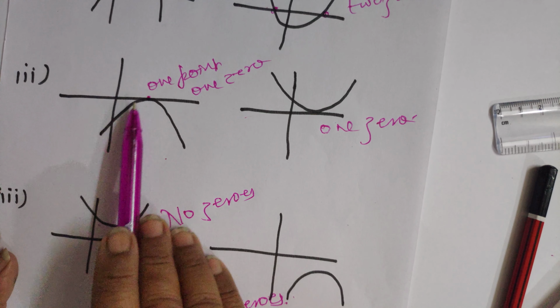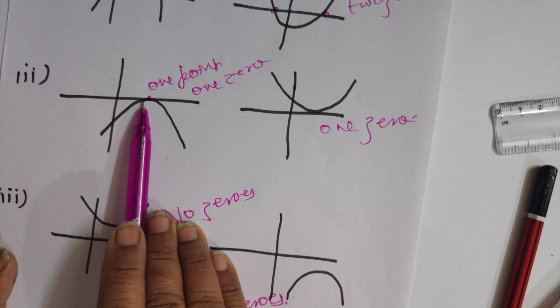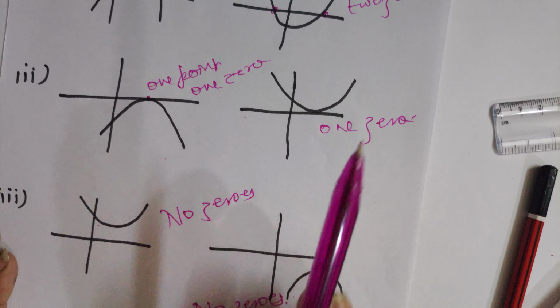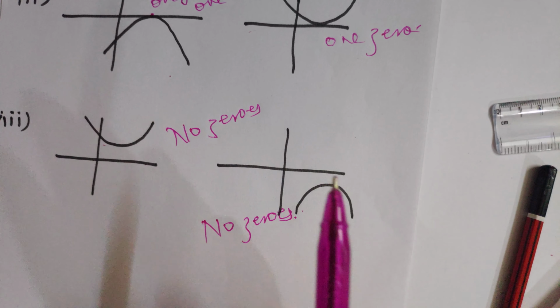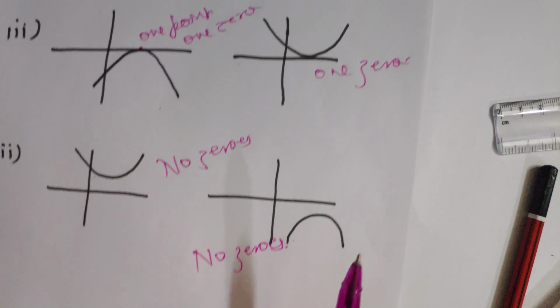In the second case, it cuts at only 1 point, in the downward as well as the upward direction, so we get only 1 zero. So only after seeing the graph of the parabola of a quadratic polynomial can we always know how many zeros we will get from any respective quadratic polynomial.